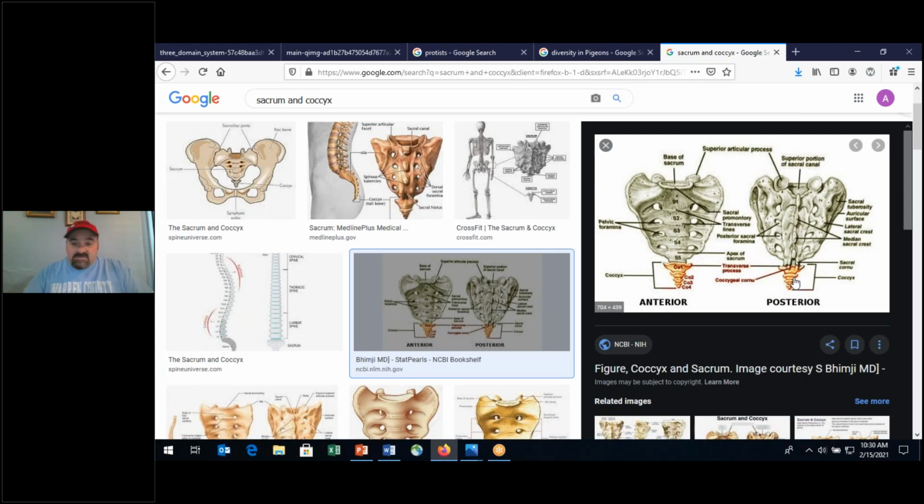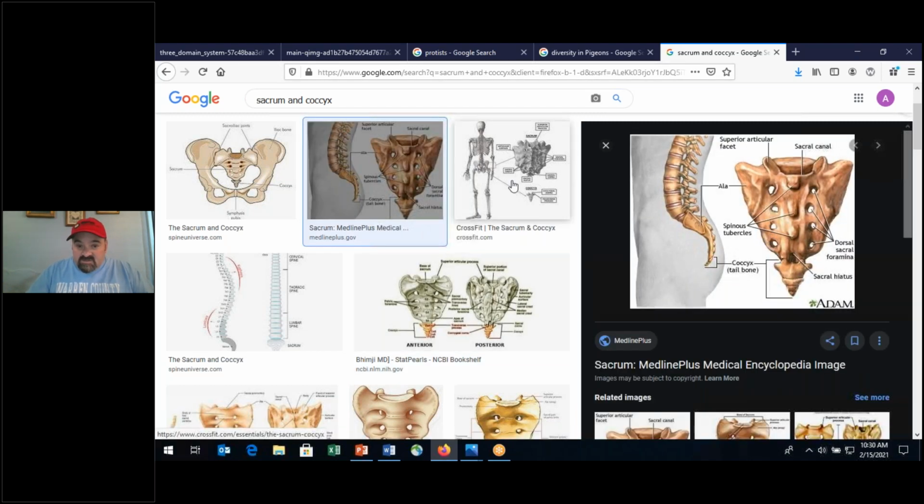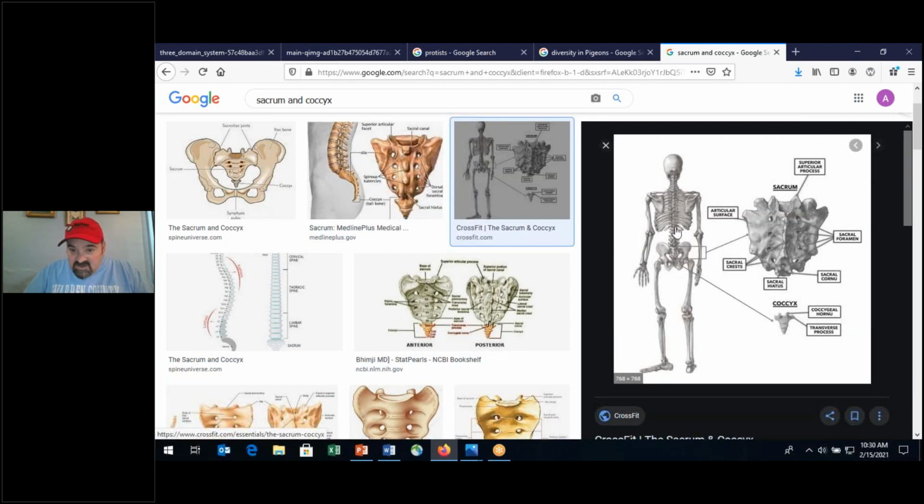It's not external, not outside the body, but within. It's also an anchor point. The sacrum is involved in being the foundation of the spine. So let's look at this image here. This is better. You'll see the spinal column, skull, sacrum, and coccyx at the inferior aspect of the spinal column.